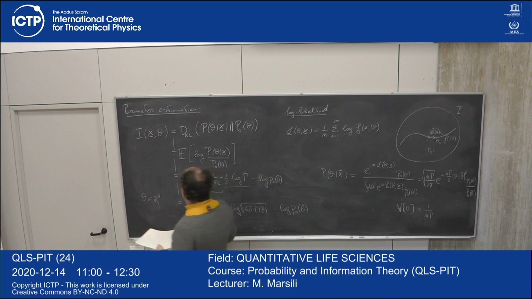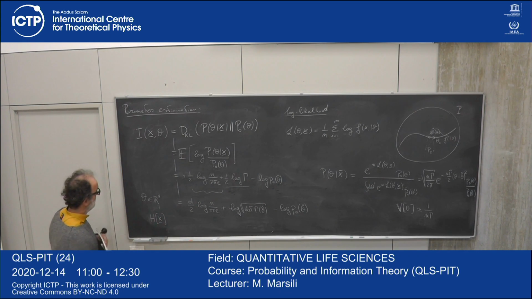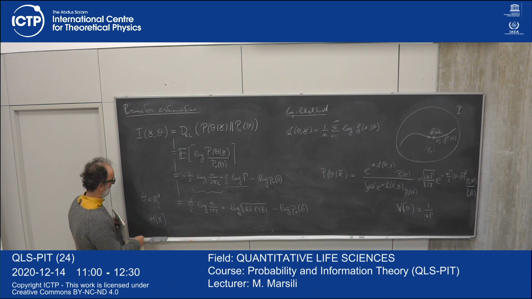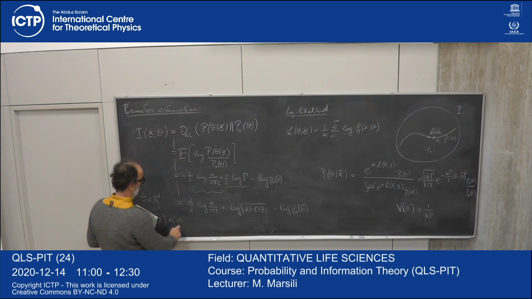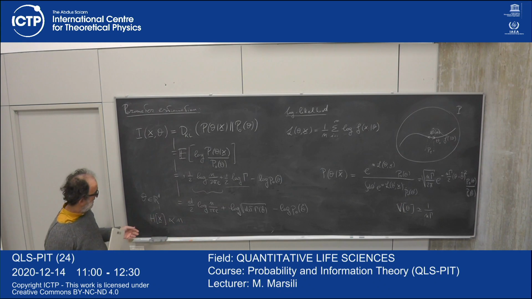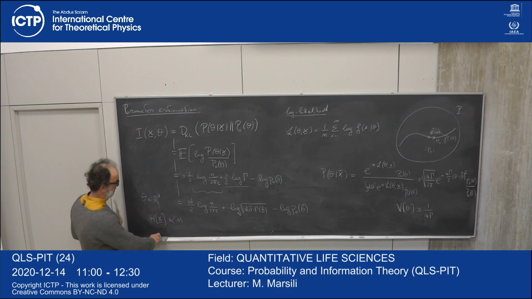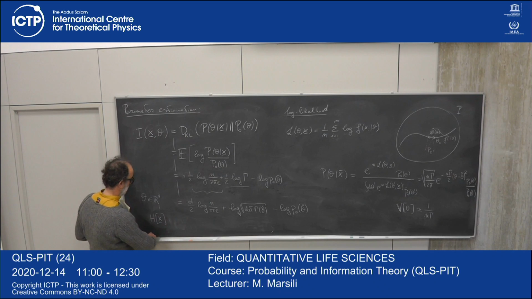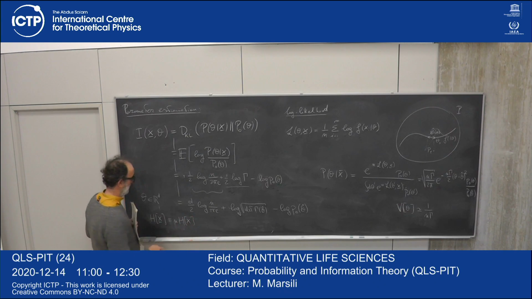The other information is that if you look at the entropy of X, so this is how much information your sample contains. Well, this is proportional to n, because these are n IID random variables. Actually, if they are n IID random variables, then this is precisely equal to n times the entropy of one single random variable.